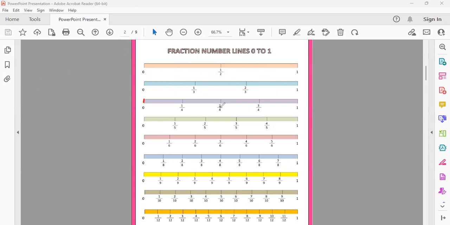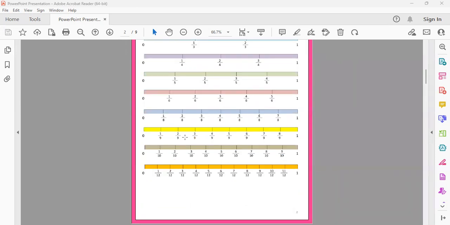So now you've got quarters. A fraction or a bar can also be divided into 4 parts. As you can see clearly, divide into 2 parts, divide into 3 parts, divide into 4 parts, divide into 5 parts, divide into 6 parts. They didn't show 7 here, but you can still divide into 7.